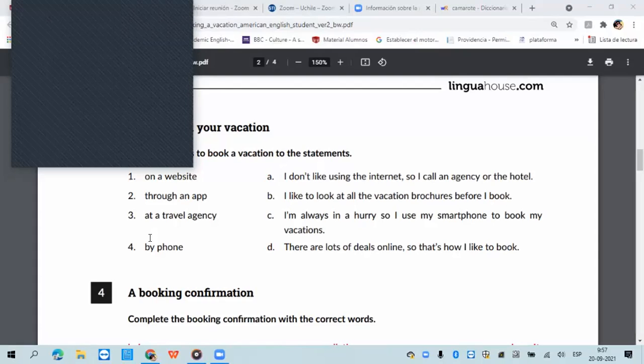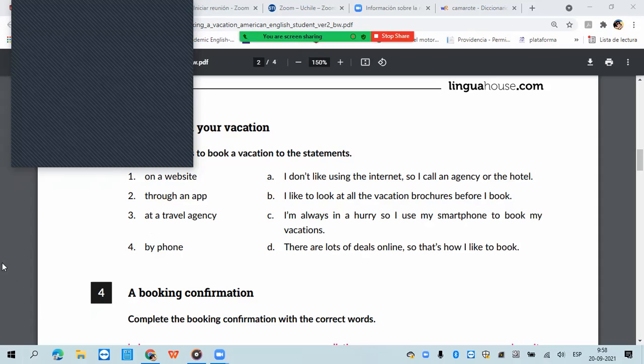No, so it's the other one: I like to look at all the vacation brochures before I book. Exactly, at the travel agency. Finally, number four, by phone. Obviously, letter A: I don't like using the internet, so I call an agency or the hotel. Right.